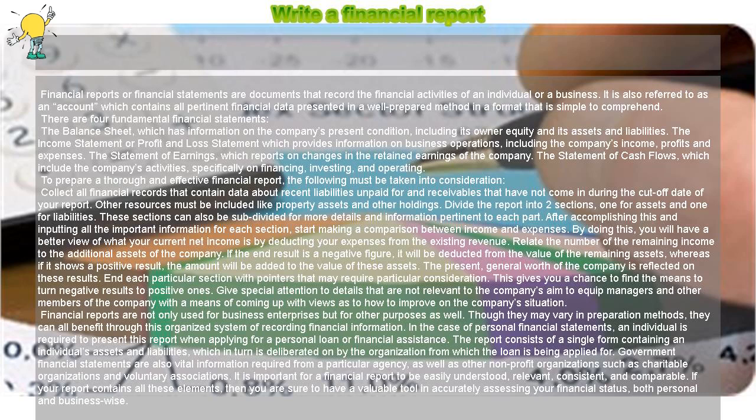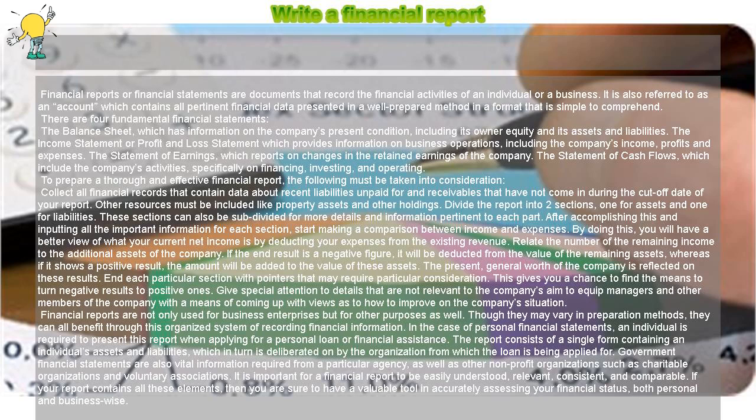The statement of earnings, which reports on changes in the retained earnings of the company. The statement of cash flows, which include the company's activities, specifically on financing, investing, and operating.